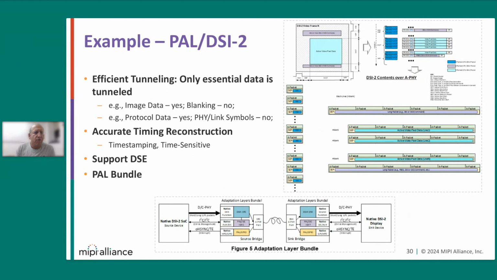Again, for efficiency, tunneling the image data and not the blanking, protocol data and not the PHY symbols, timestamping and being time sensitive. Support DSE, the display extension protocol for protection, and PAL bundle, as presented in the lower part.